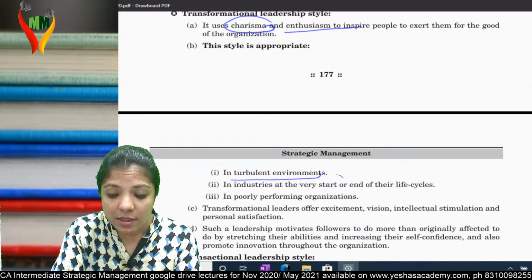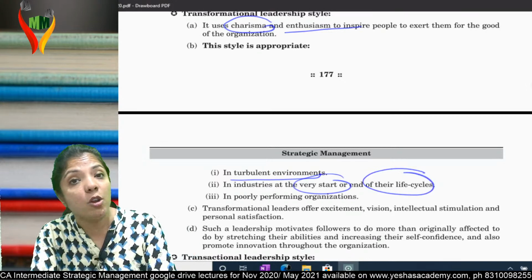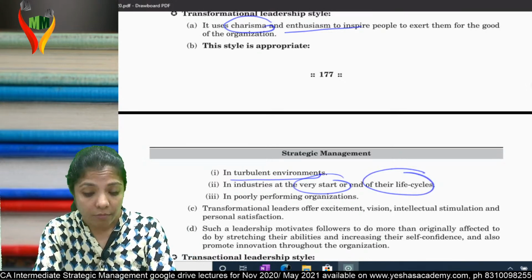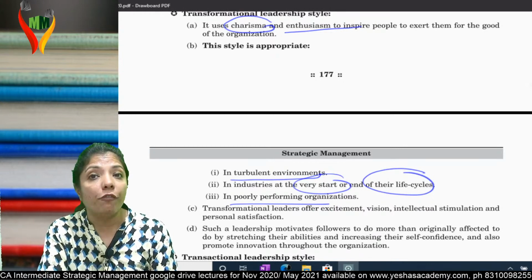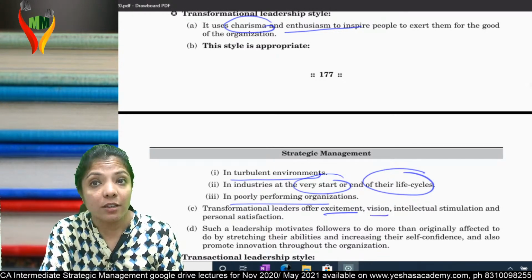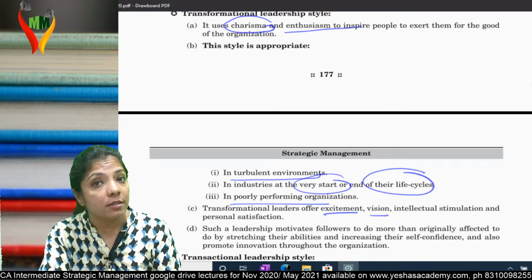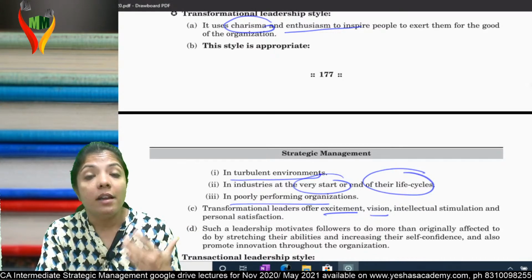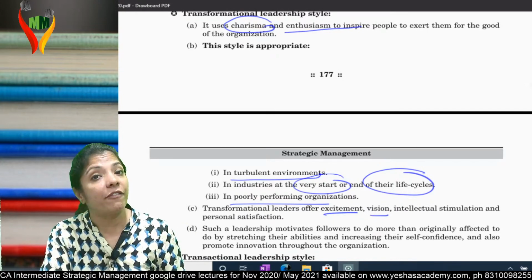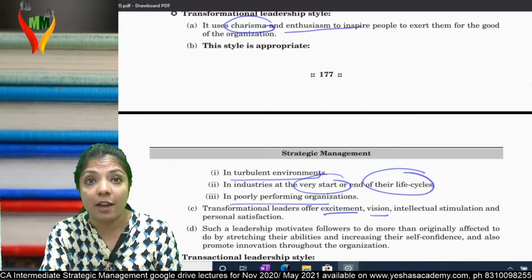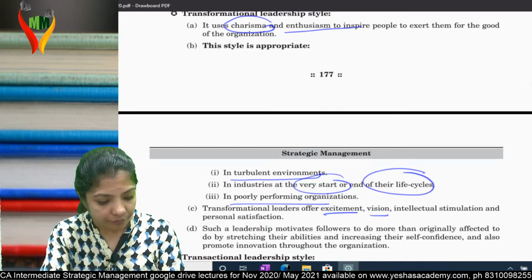In industry, at the start and the end, you need a transformational leader. In poorly performing companies, transformational leaders offer excitement, vision, intellectual stimulation, and personal satisfaction. And here, people are ready to put extra effort for the company willfully and not forcefully. Am I clear?